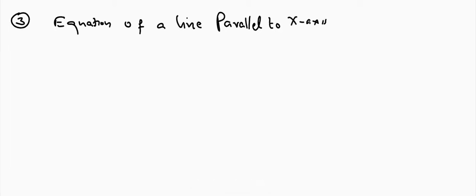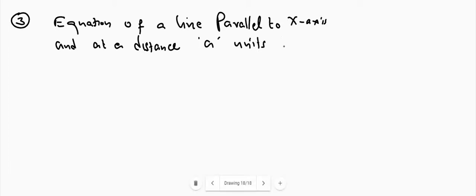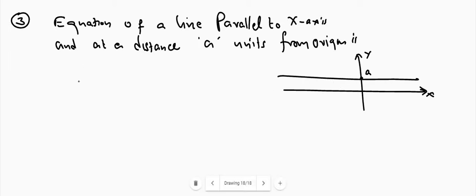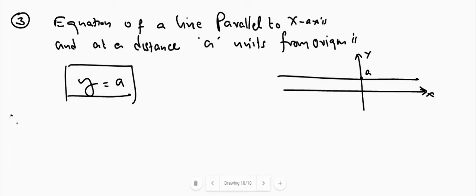Parallel to the x-axis means perpendicular to the y-axis, and at a distance of a units from the origin, that is the equation of a line parallel to the x-axis. This is the x-axis, y-axis. Any line parallel to the x-axis at a distance a will pass through (0, a), which gives y equals a.